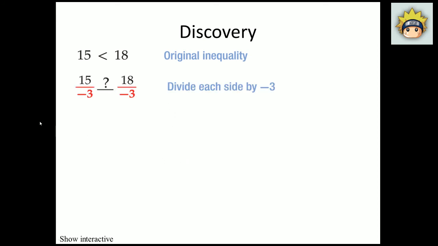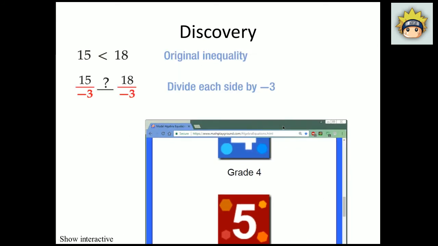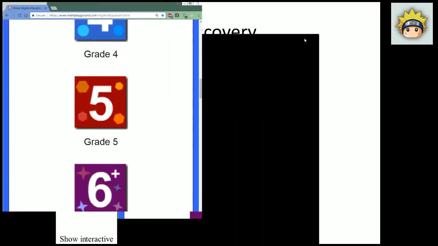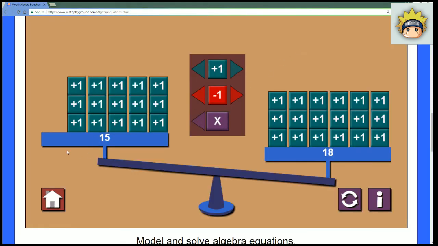I'm going to divide by negative 3 to each side. Divide by negative 3 to each side. So 15 divided by negative 3 is negative 5.